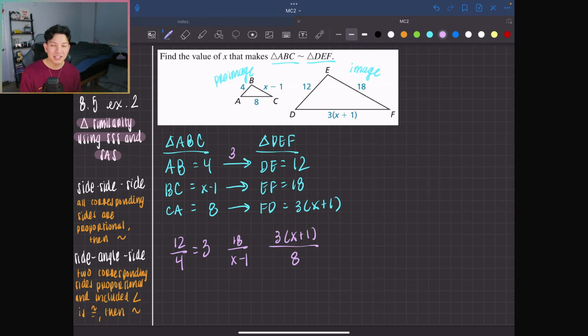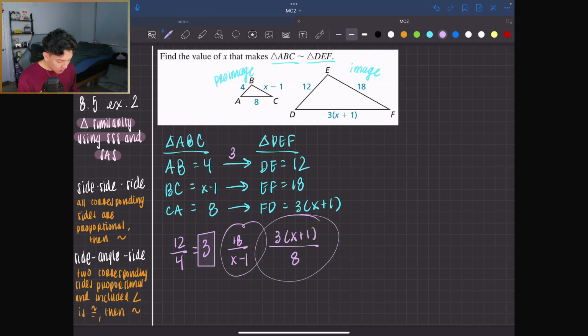So if we want to make these two triangles similar, what do you think we need to do? We already know that one of the corresponding sides has a proportion of 3. So we just have to figure out what value of x needs to be in order for us to have it be 3. What can we do? We can set up a proportion to be equal to it.